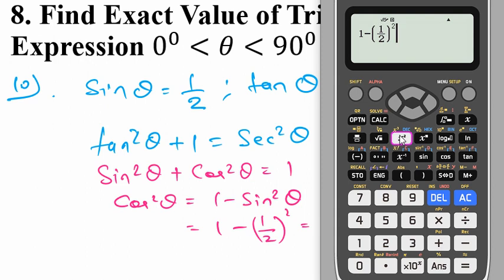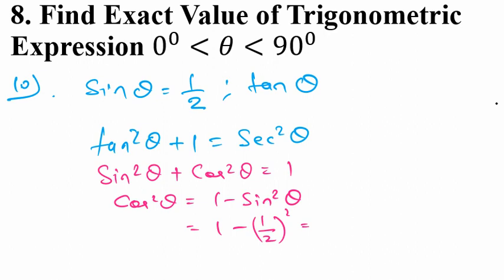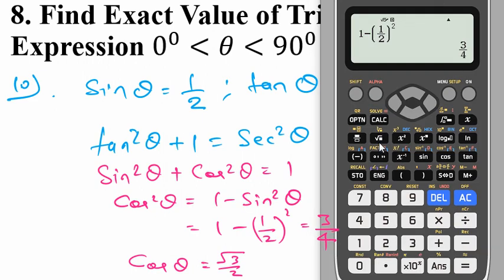If you don't know, then I'm just solving it for you guys. So this is 3 over 4, right? Or else I'll just have to write 1 over 4 minus and all that. So 3 over 4, do the square root of both sides. So cos theta will be square root 3 divide 2, right? Just what I did here, I just did the square root of both sides.